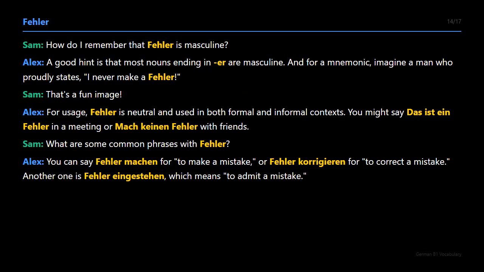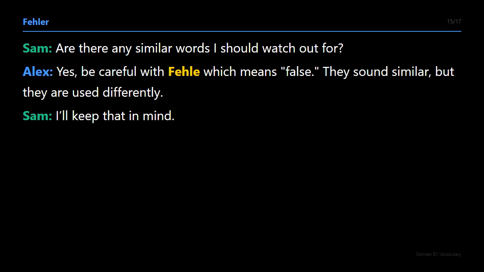Another one is, Fehler eingestehen, which means to admit a mistake. Are there any similar words I should watch out for? Yes, be careful with Falsch, which means false. They sound similar, but they are used differently. I'll keep that in mind.